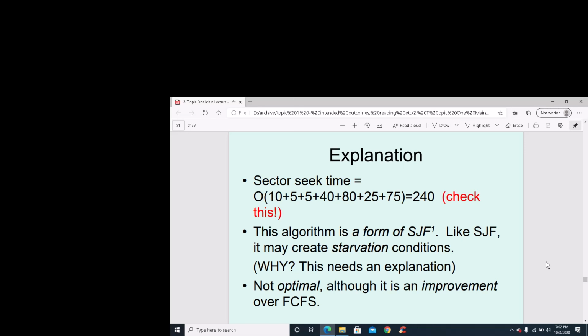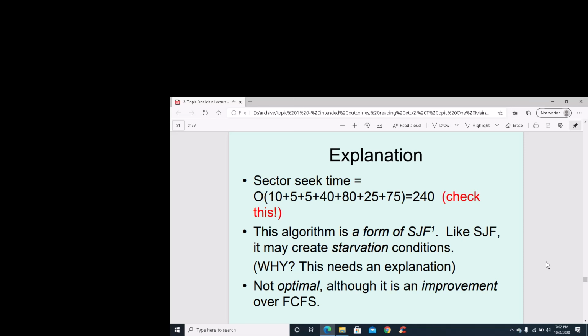All right. So this algorithm is a form of the shortest job first algorithm, and like the shortest job first algorithm, it may in fact create starvation conditions, and you need to think about why that is. And by starvation I mean that a request will never be dealt with, will never be serviced.